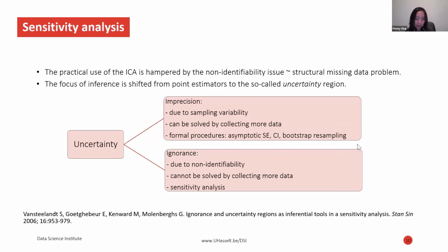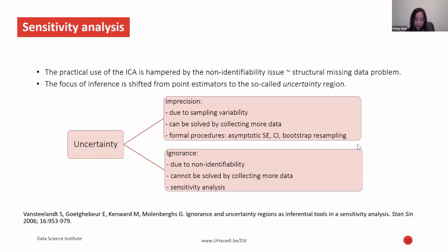So the first step is we identify the identifiable and non-identifiable parameters corresponding to the causal inference model. And in the second step, we study the behavior of our metric as a function of the non-identifiable parameters.